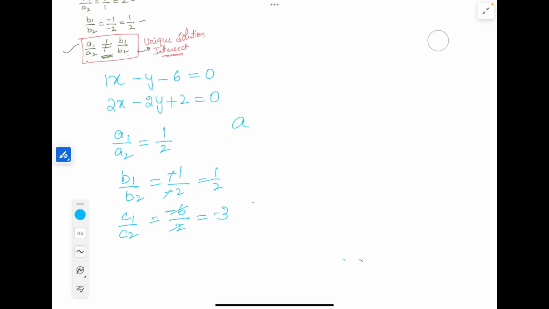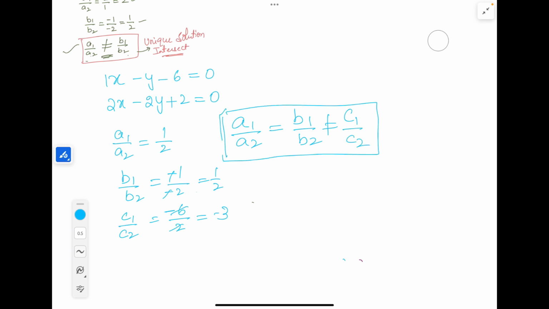That means if a1 by a2 is equal to b1 by b2 but not equal to c1 by c2, then the pair of linear equations in two variables has no solution. This pair of linear equations has no solution because the lines will be parallel. That is what we have done graphically, right?